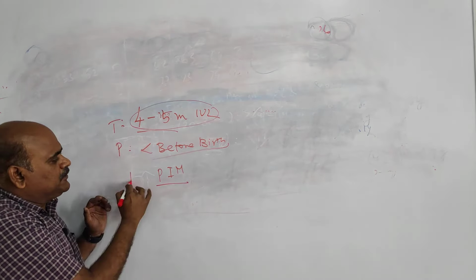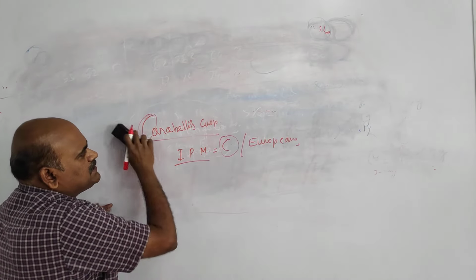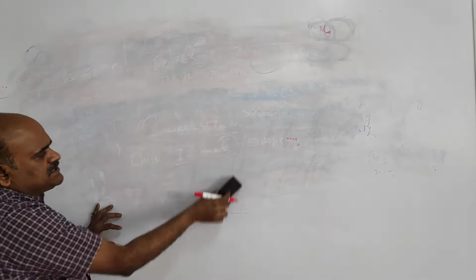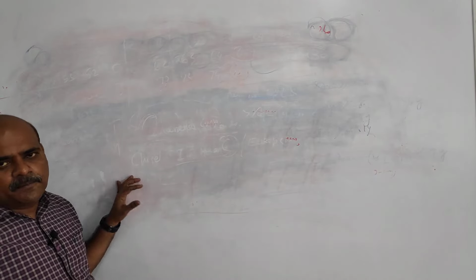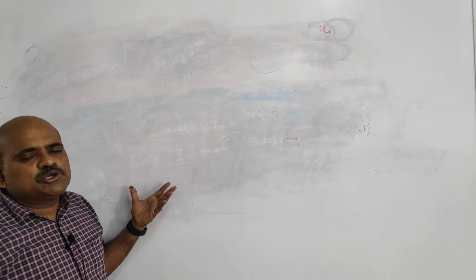C for Carabelli, C for Caucasian race or Europeans. 70 to 85% of Europeans have this Carabelli's cusp that indicates race. So race determination can be done. Generally, teeth are well preserved as they are resistant to decomposition as well as resistant to heat or fire.